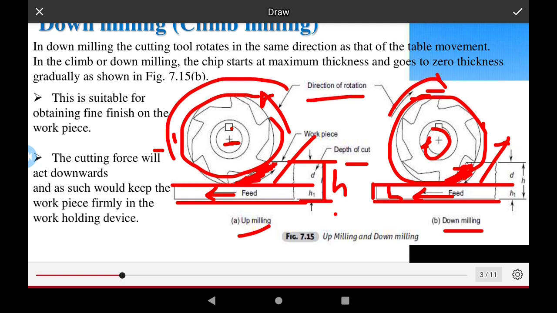The total height of the workpiece is h, the depth of cut is small d, and the job is h1.